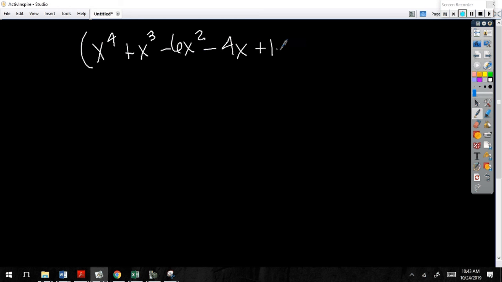If you see something, and I'm going to set this one up like this, x to the 4th plus x to the 3rd minus 6x squared minus 4x plus 14, times x squared plus x minus 2 to the negative 1.